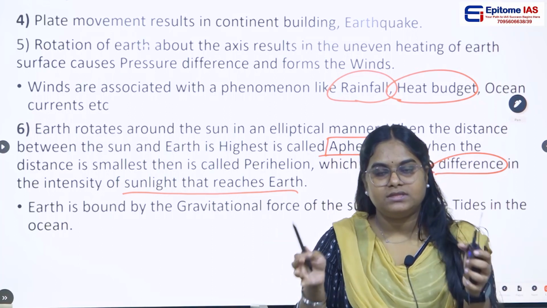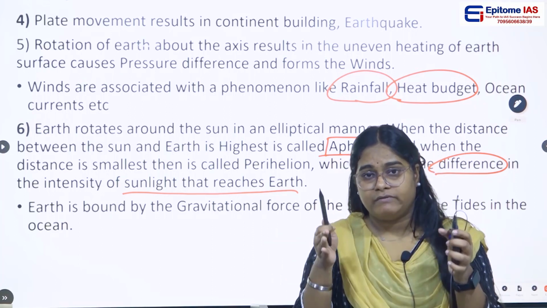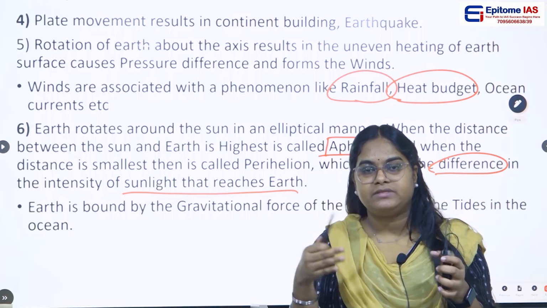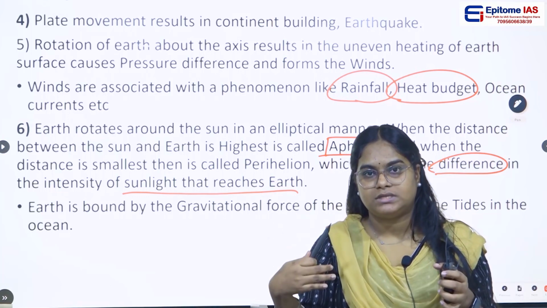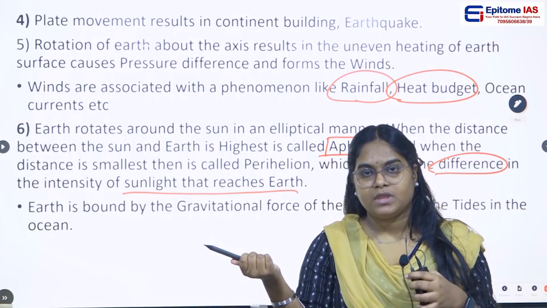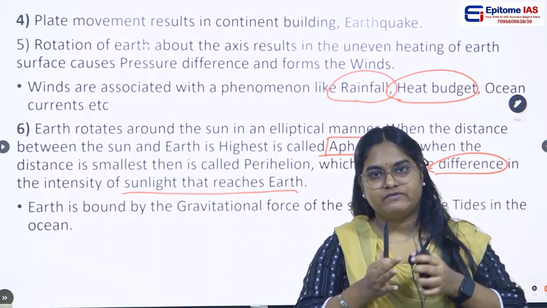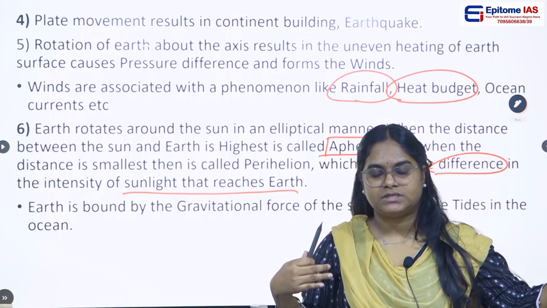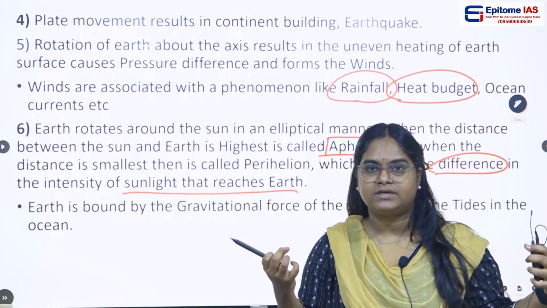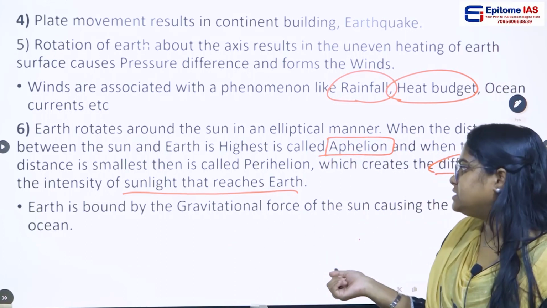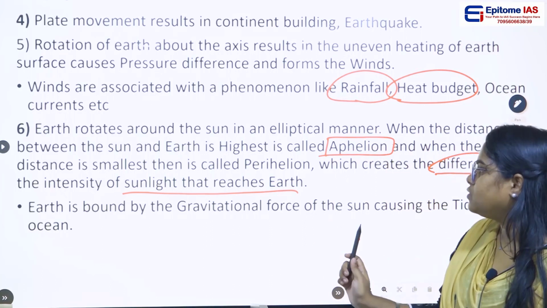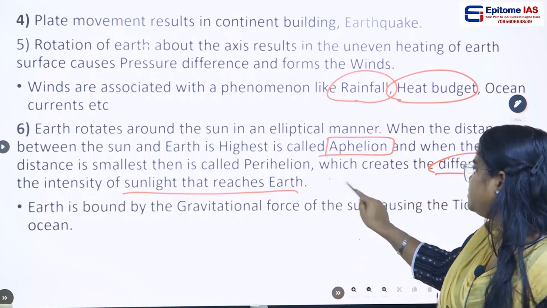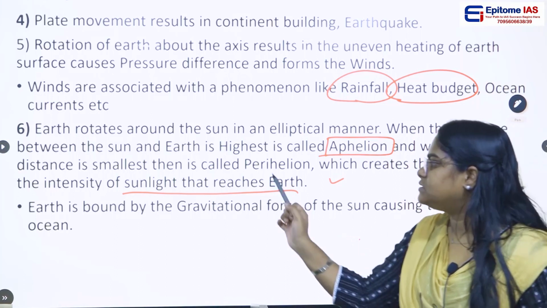Let's say when the Earth and the Sun are very close to each other, then the direct sunlight which the Earth receives will be maximum. Let's say the Earth is somewhat farther from the Sun, then the sunlight which Earth receives is somewhat lesser compared to the previous case. So this will also cause some changes in the Earth's surface.